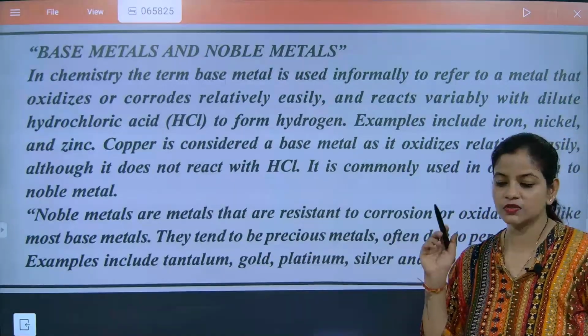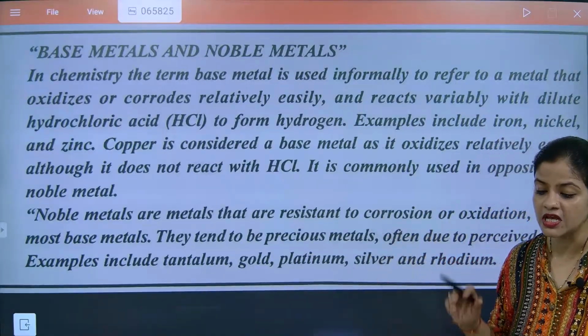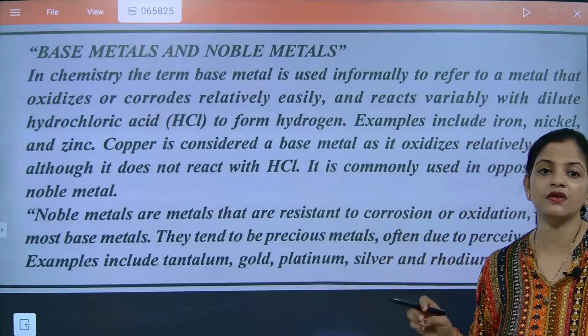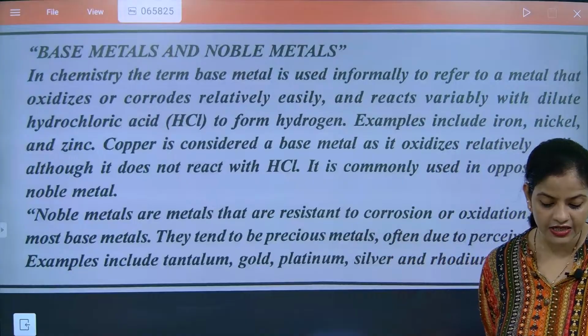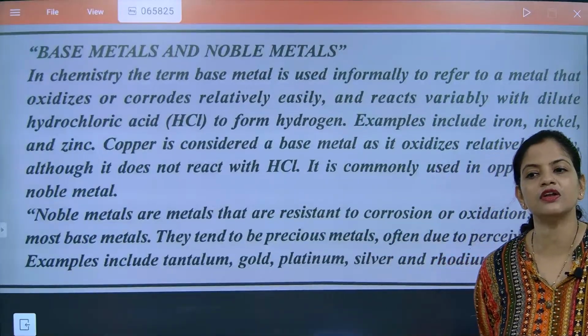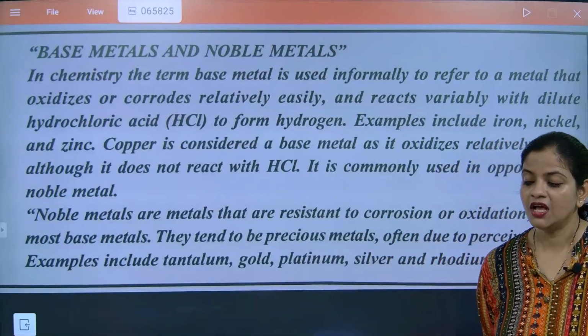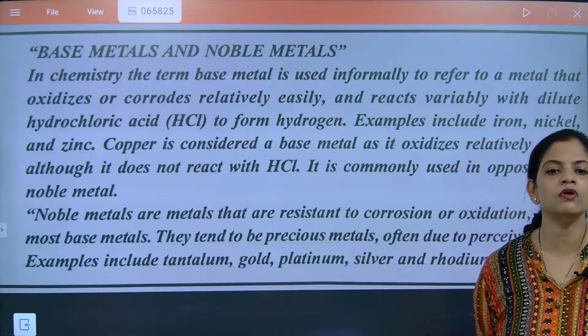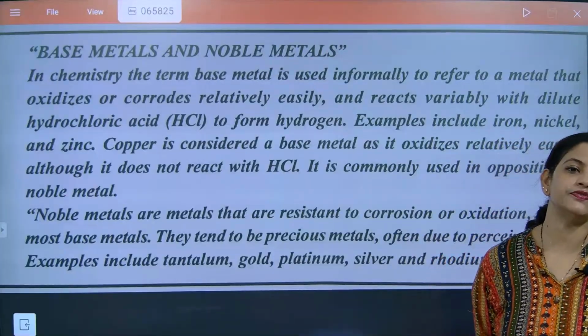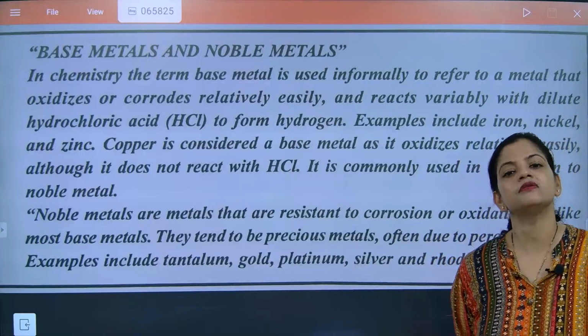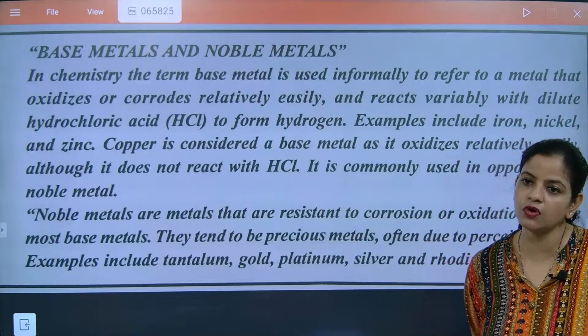Base metals are very reactive to oxygen, but noble metals are not reactive to oxygen, beta.